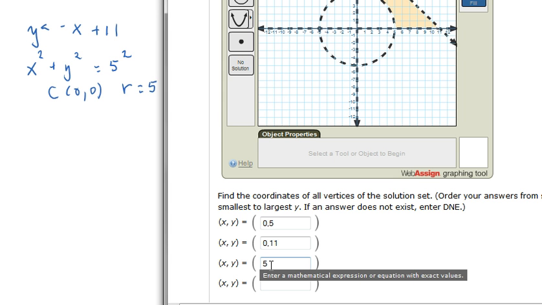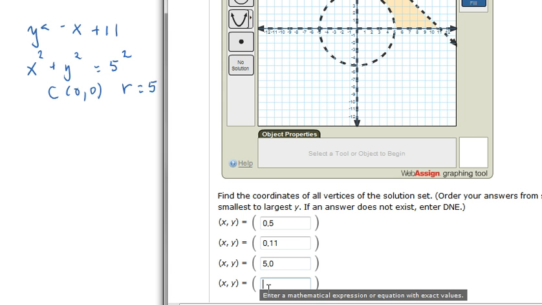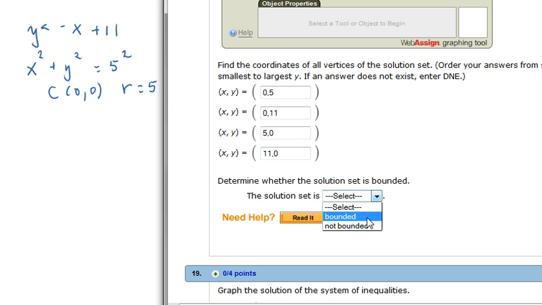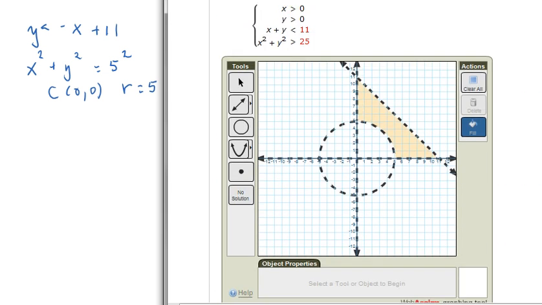So 5, 0, and lastly 11, 0. And the area is bounded. That's our last question regarding this system here.